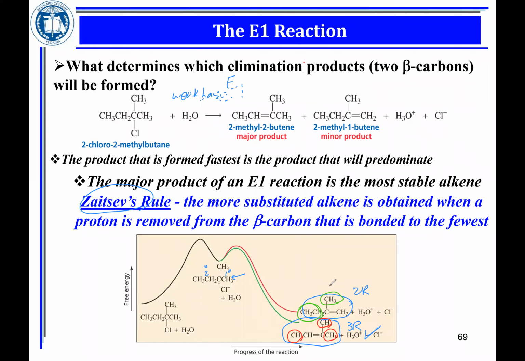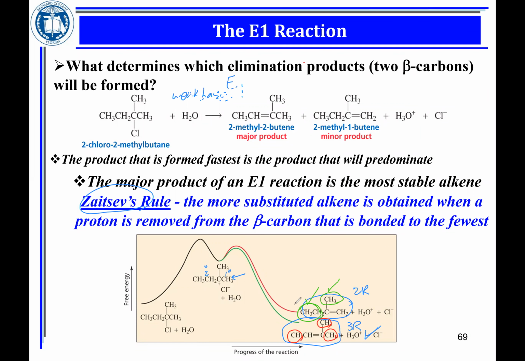So those are the two, and you have 2 hydrogens. It goes by the alkyl groups, not just CH3s. How many carbons are attached to this CC double bond? For the green one, that's 1 and 2. You have a methyl group and an ethyl group. The number of groups takes priority over the size of the group.